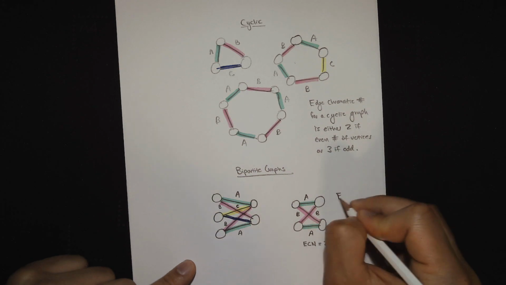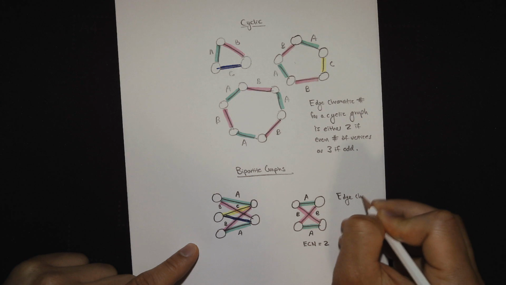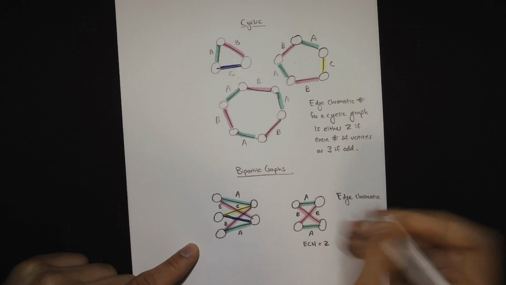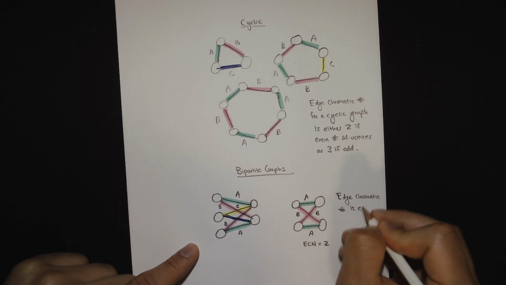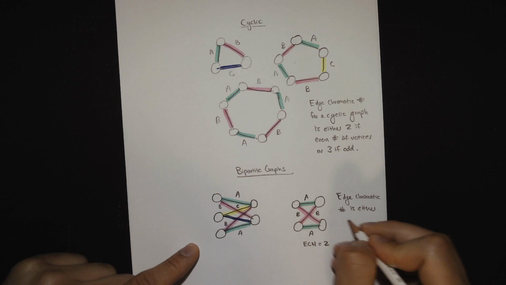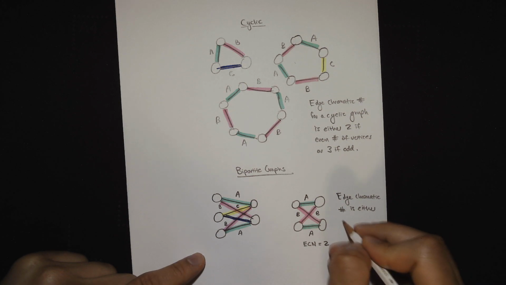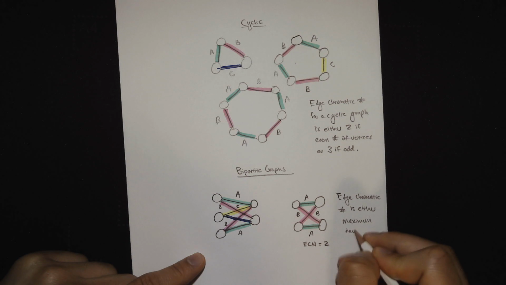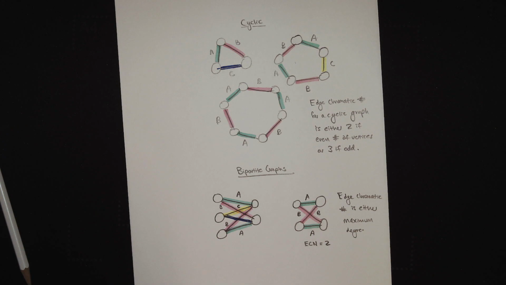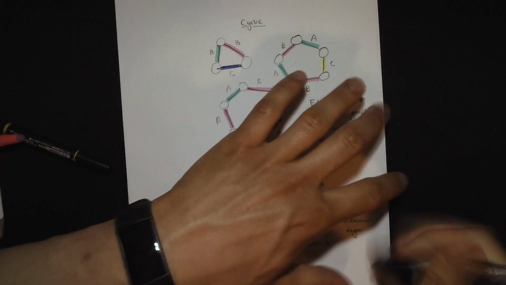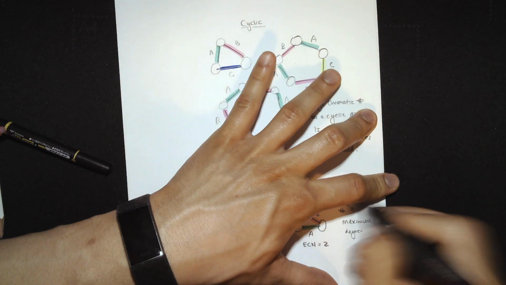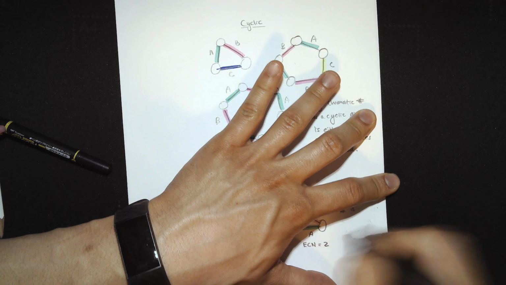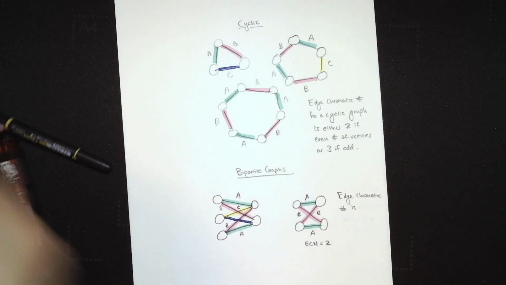But we'll see that for bipartite graphs, the edge chromatic number is the maximum degree. Oh, excuse me, I just lost my train. So the edge chromatic number of a bipartite graph is its maximum degree.